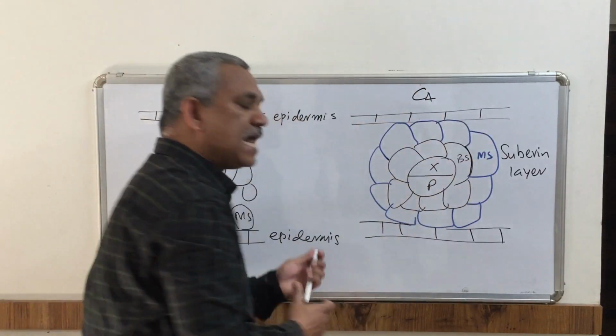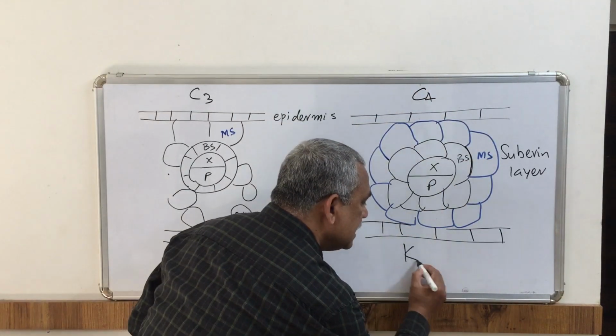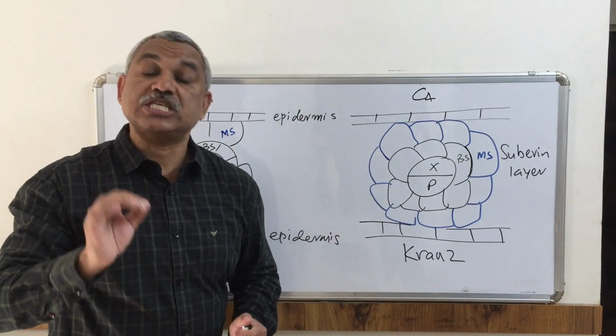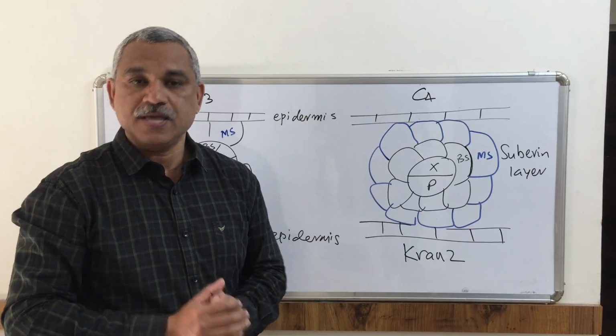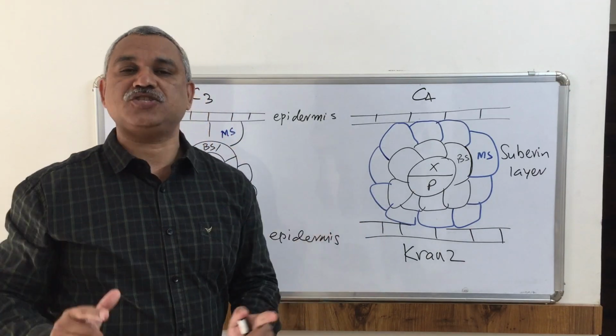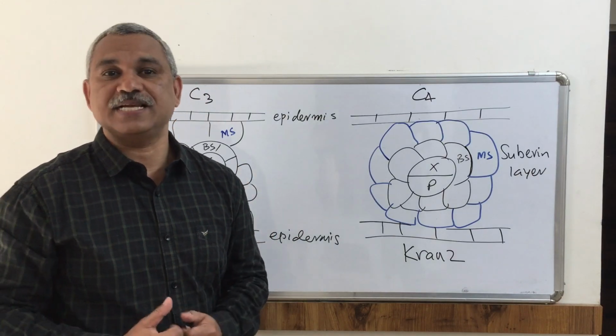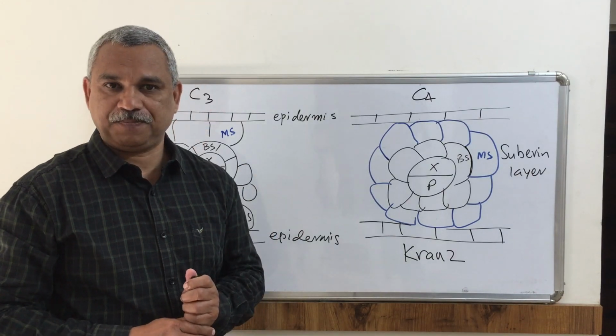This kind of anatomy is known as the Kranz anatomy, which is peculiar to C4 plants. It is because of this peculiar arrangement that C4 plants are capable of concentrating carbon dioxide.